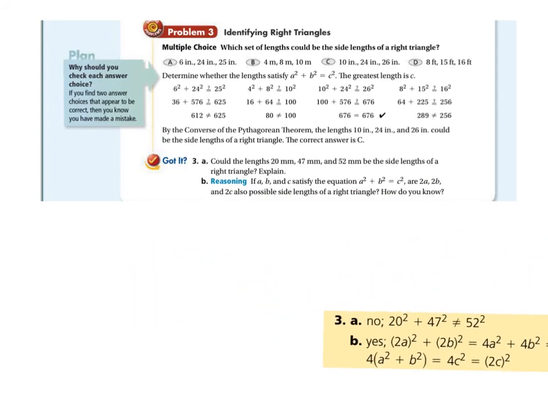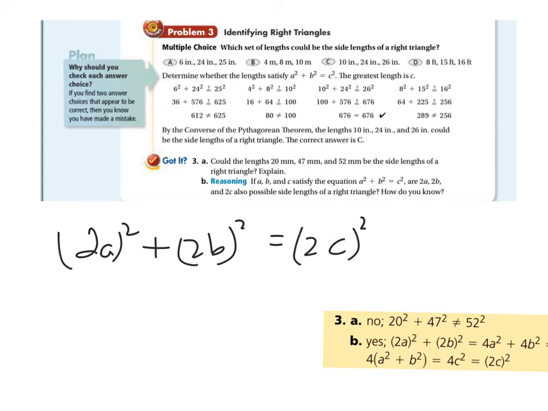So if I have 2a, and again it has to be the whole thing squared, not just the a, plus 2b, the whole thing squared. Does that equal 2c, the whole thing squared? And so here we're going to have 4a squared plus 4b squared, and again that is 4c squared.